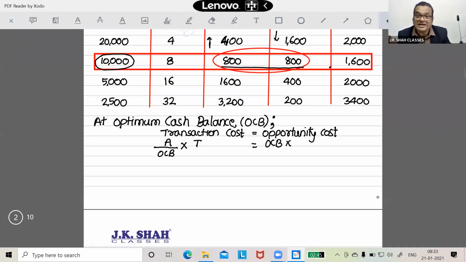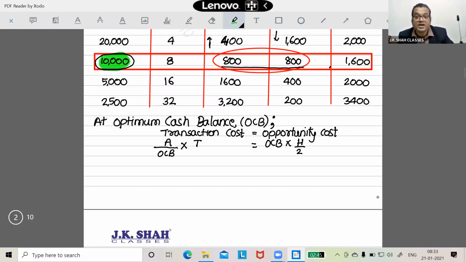What is that 8%? It's an average cost, right? As we had a discussion, it's the holding cost divided by 2. Holding cost is 16%, people. Optimum cash balance, how much did we assume over here? We assumed 10,000, sir.